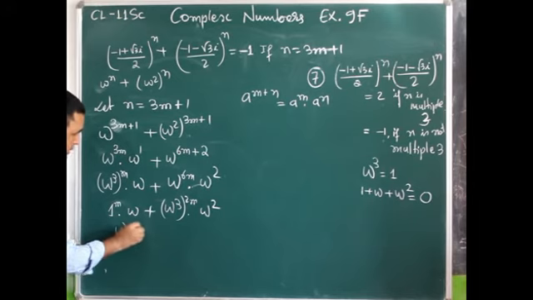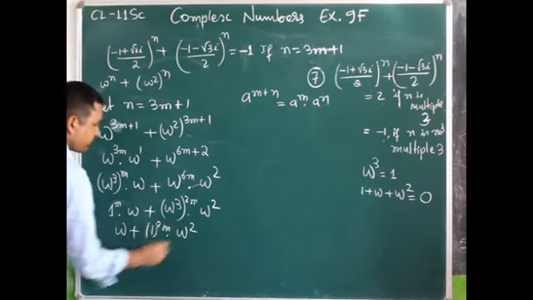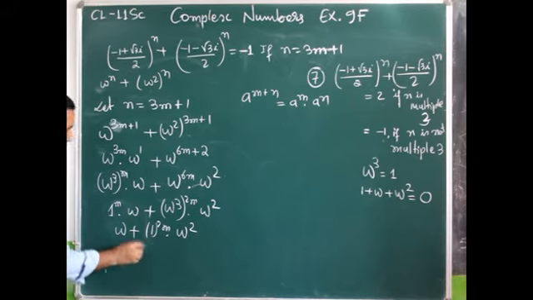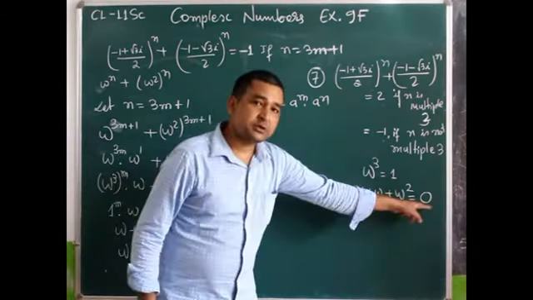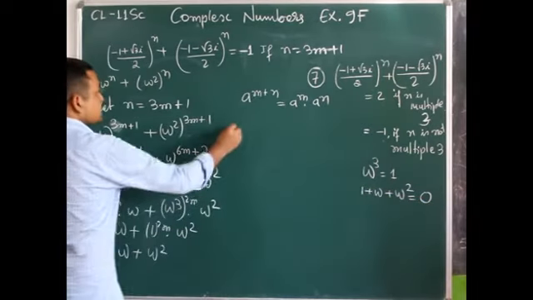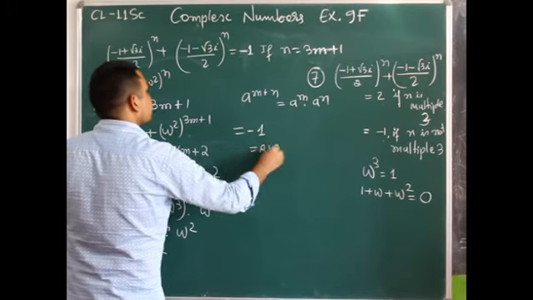Now this is omega plus 1 to the power 2m times omega squared, that is omega plus omega squared. Omega plus omega squared means minus 1. Now this equals minus 1, equal to the right hand side.